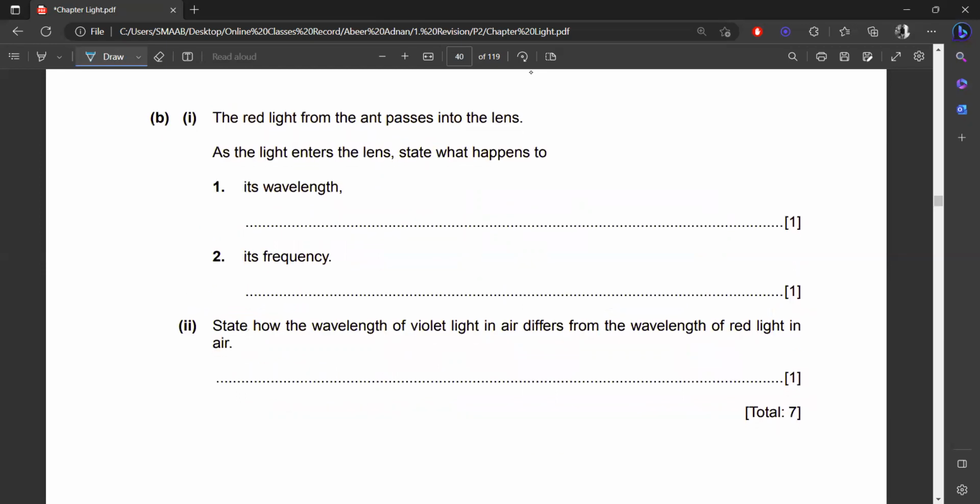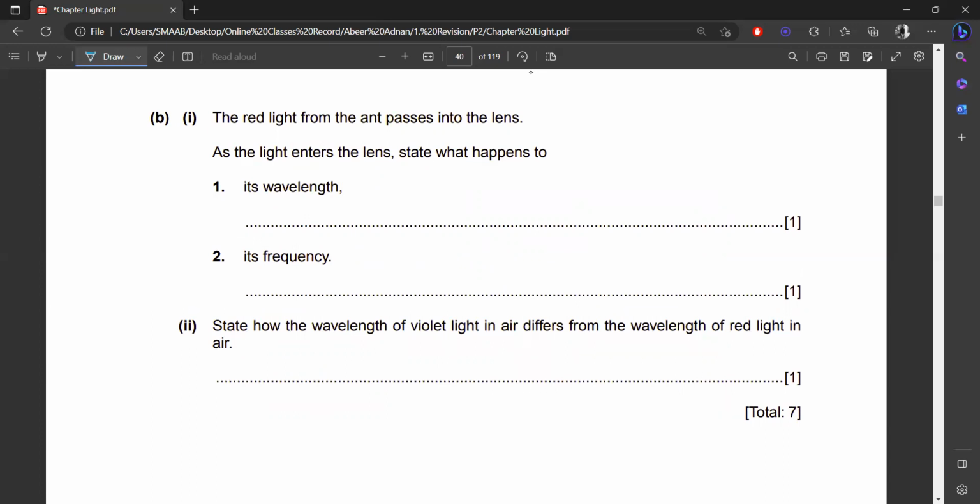Okay, so the red light from the ant passes into the lens. As the light enters the lens, state what happens to its wavelength. Will the wavelength become greater?